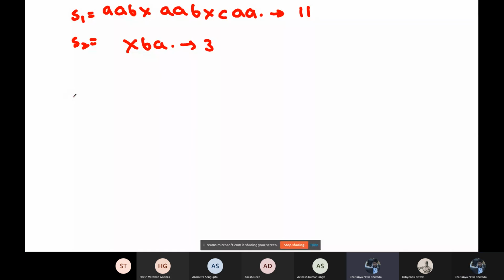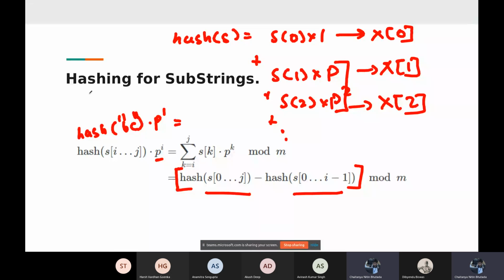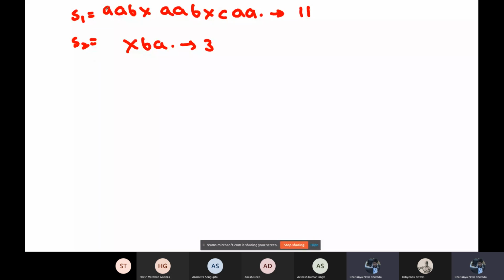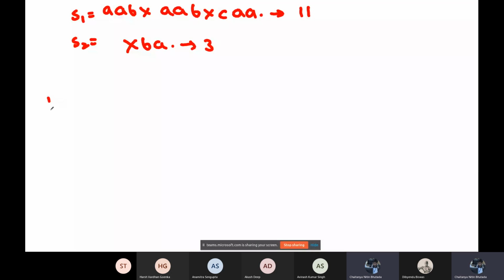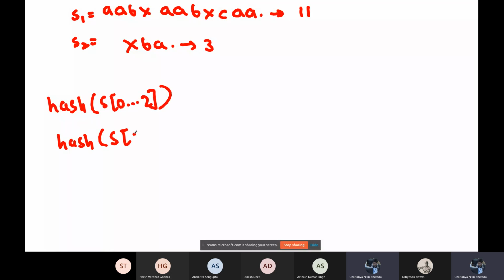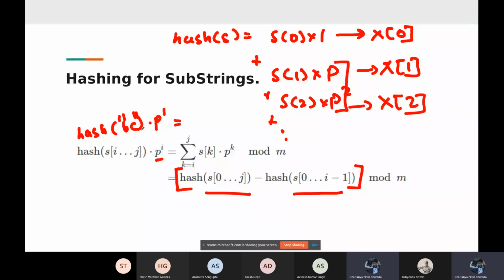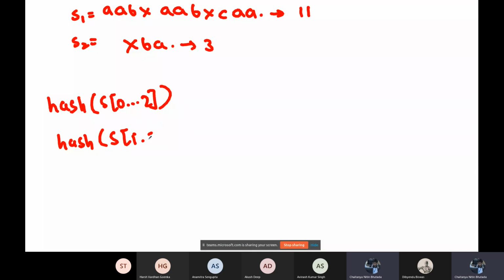So for all hashes, we can calculate hash of S of 0 to 2, hash of S of 1 to 3, going till hash of S of n minus 3 till n.